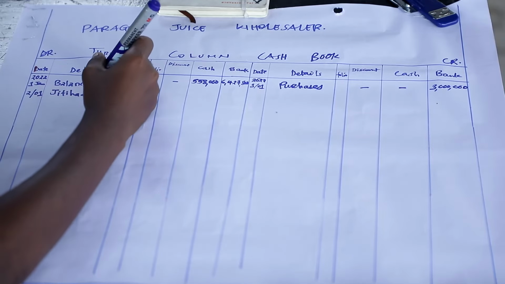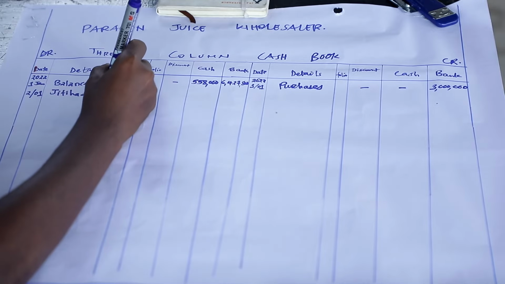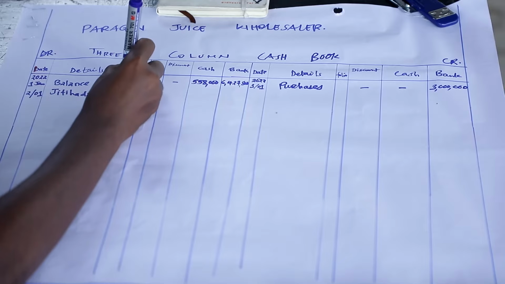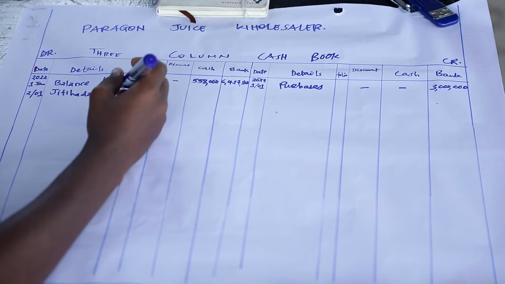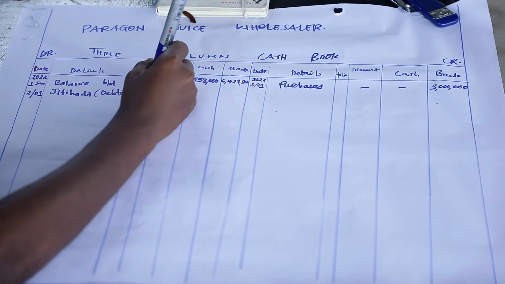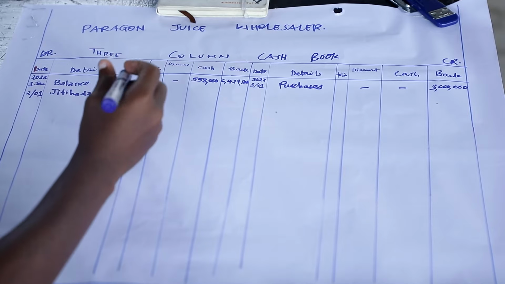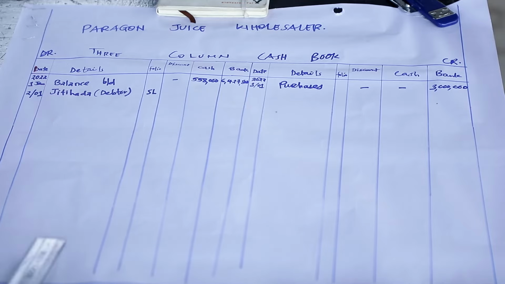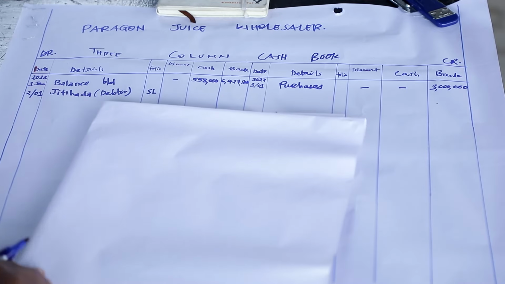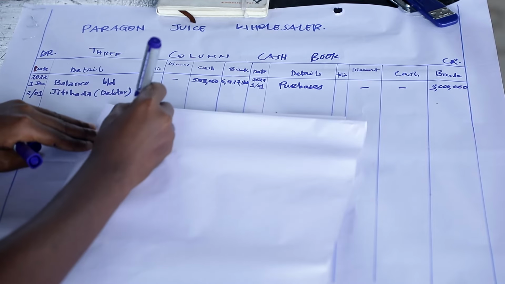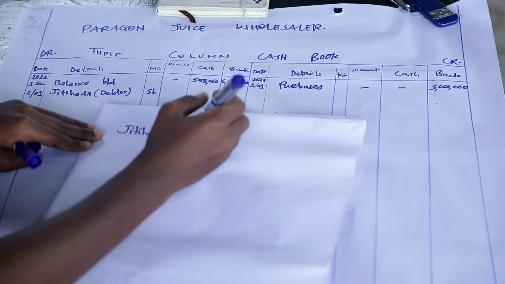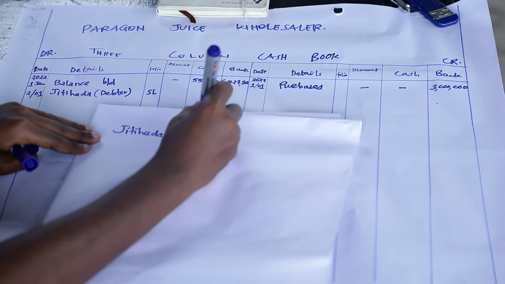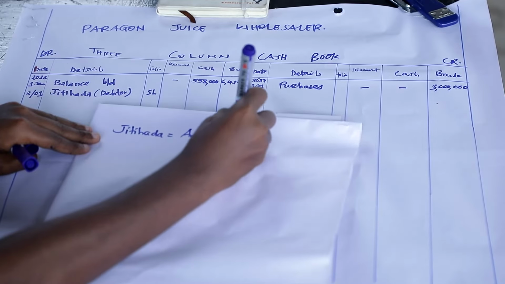We record Jitihada and put debtor so that we are not confused later, as he has paid us. This transaction goes to the sales ledger control, sales ledger, and I will show you a small working. So Jitihada, the amount due was 900,000.